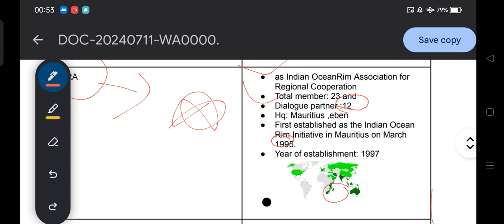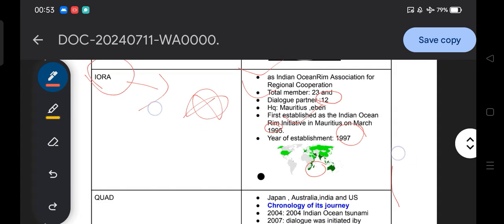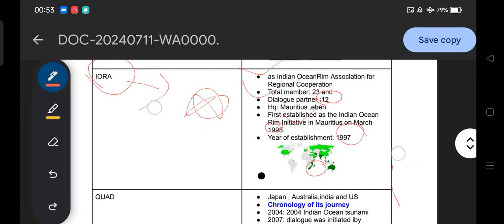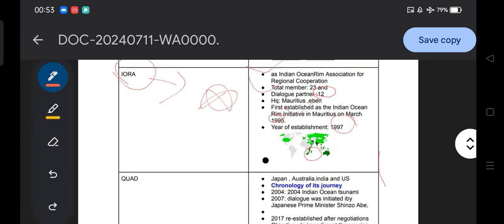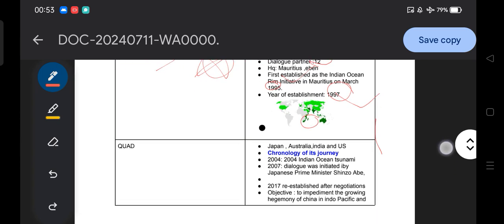Initially it was known as the Indian Ocean Rim Initiative, but in 1997 it became the Indian Ocean Rim Association for Regional Cooperation. If they ask the year of formation of IORA, the Indian Ocean Rim Association for Regional Cooperation, your answer would be 1997. If they ask the year of formation of the Indian Ocean Rim Initiative, that is 1995.